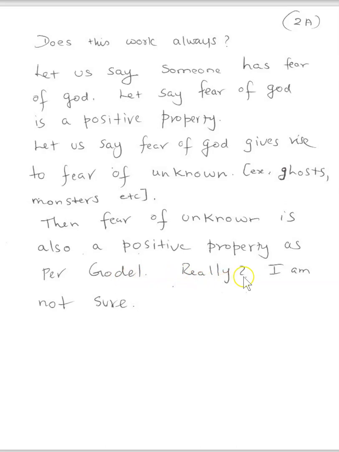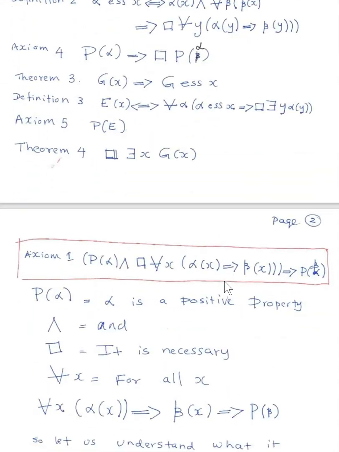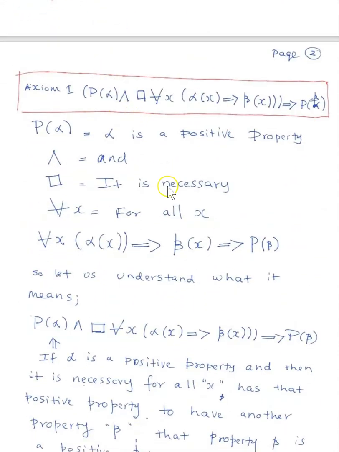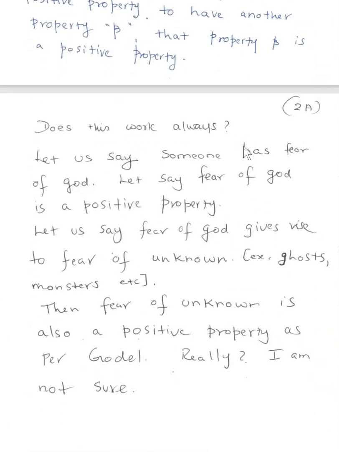So is this really true? If someone is afraid of ghosts, is that a positive property? I'm not really sure. So that's what Godel is saying: if a person has a positive property, and that positive property gives rise to another property, then that property also has to be a positive property. That's what he's saying in the first line.